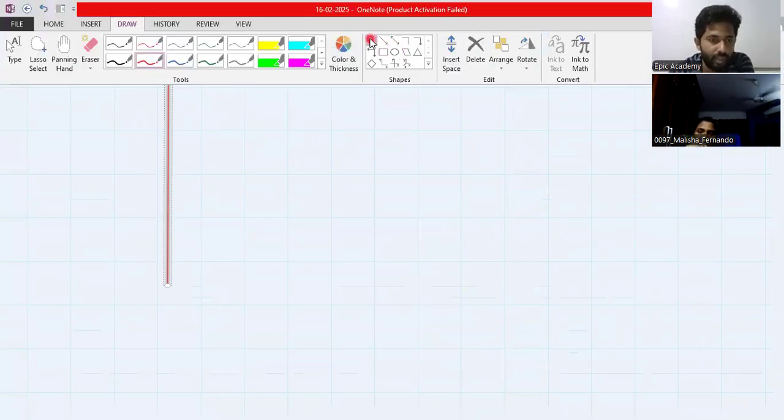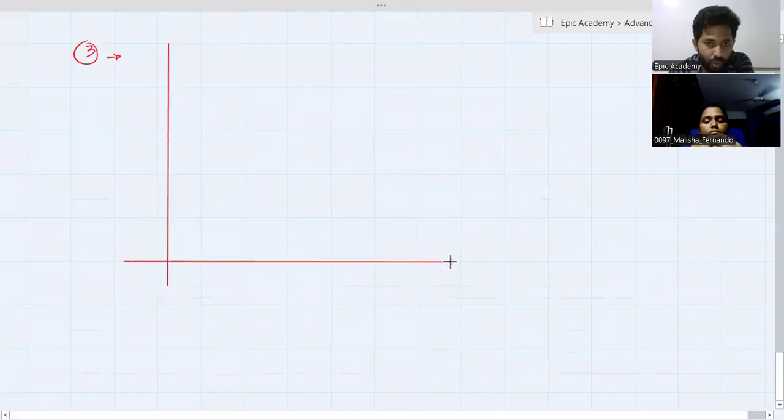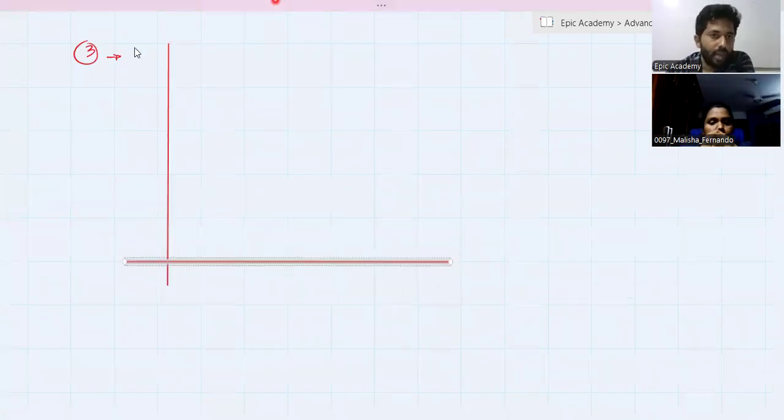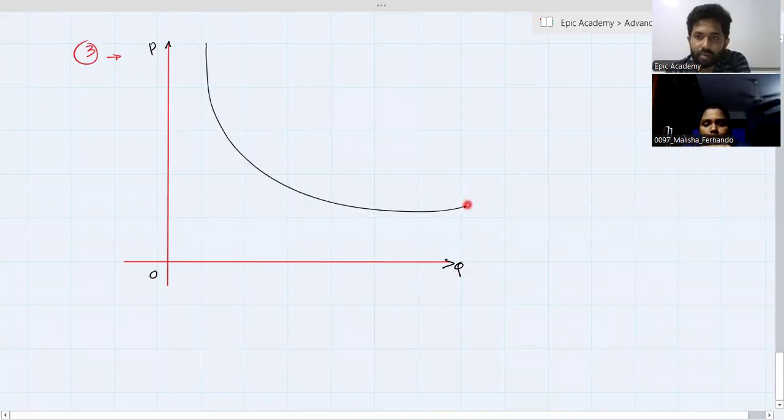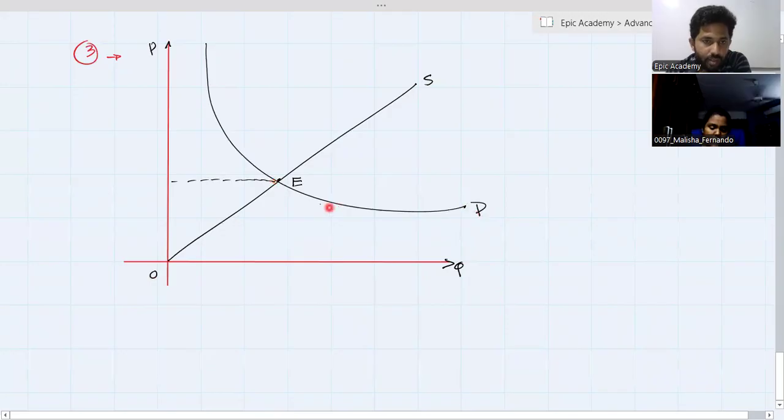Rectangular hyperbola means the demand curve is not going to cross the price axis or the quantity axis, namely known as unitary elasticity. But the supply curve is a normal supply curve. This is the point where we can identify the equilibrium.